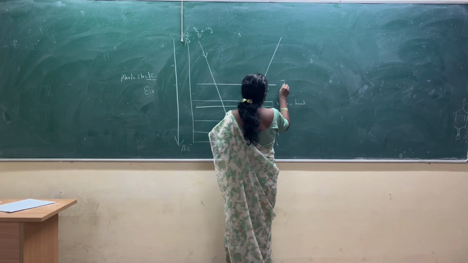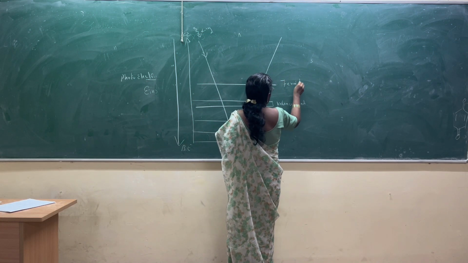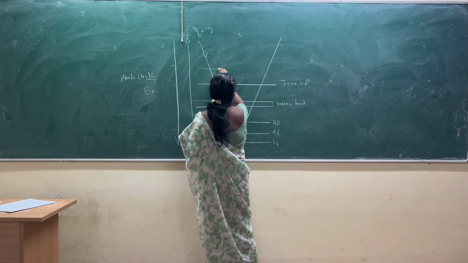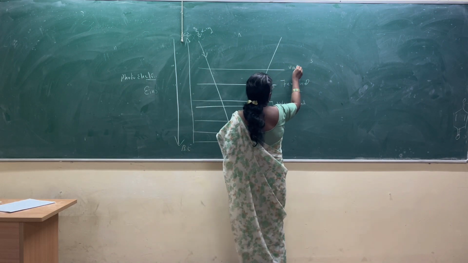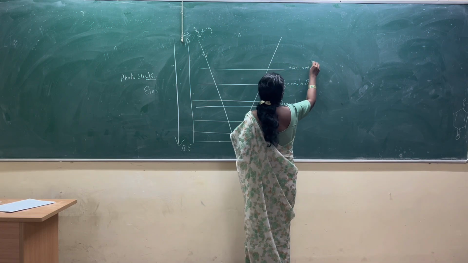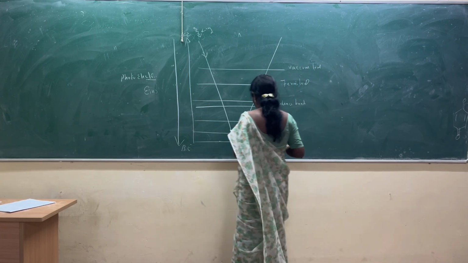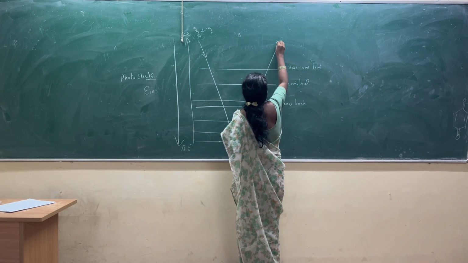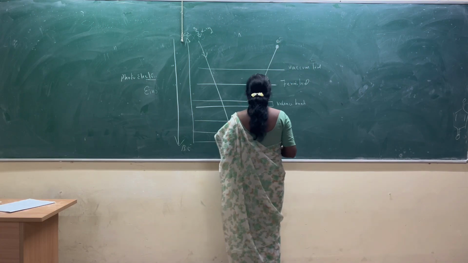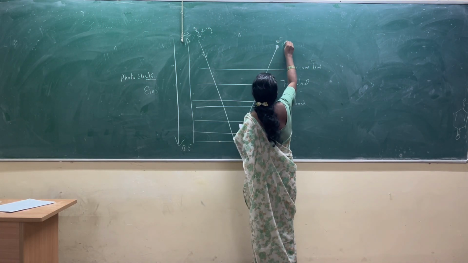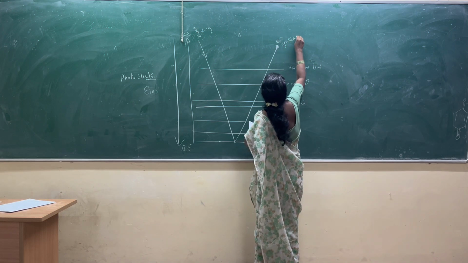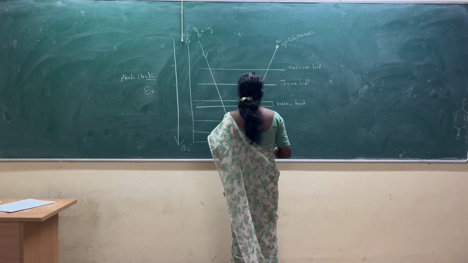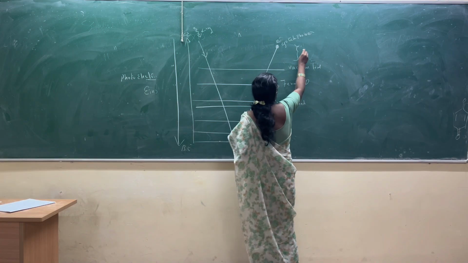It is the Fermi level, the outermost level, and the vacuum level, and the electron is ejected out. This is the ejected photoelectron. And this is called the conduction band.